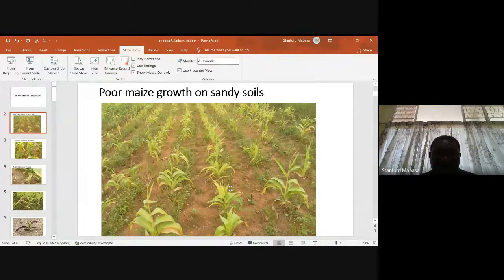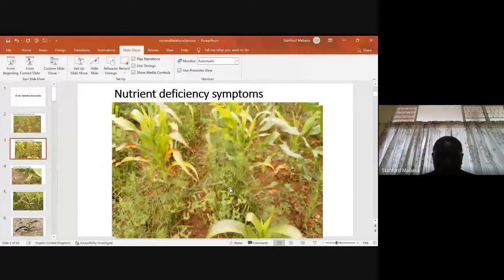Some of the reasons to account for such poor growth could be lack of essential plant minerals or nutrients. The maize on this slide has some purplish leaves, which could be an indication of nutrient deficiency symptoms.